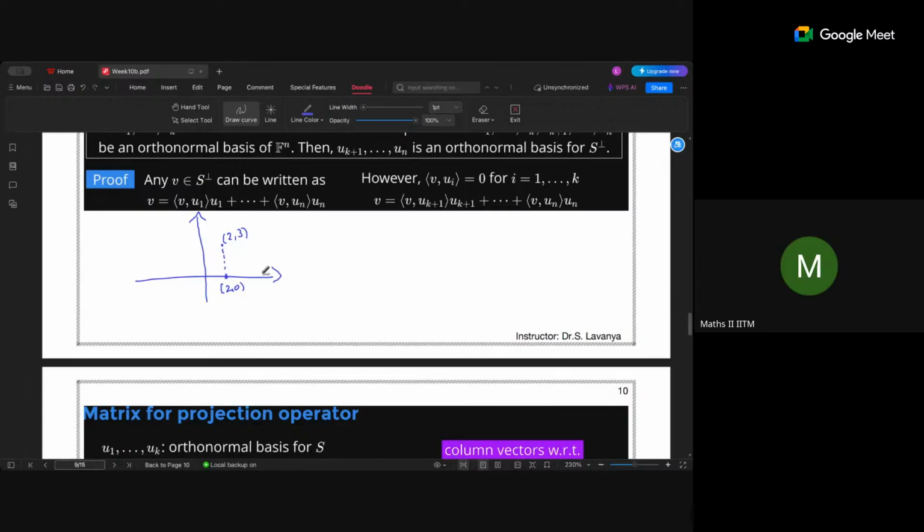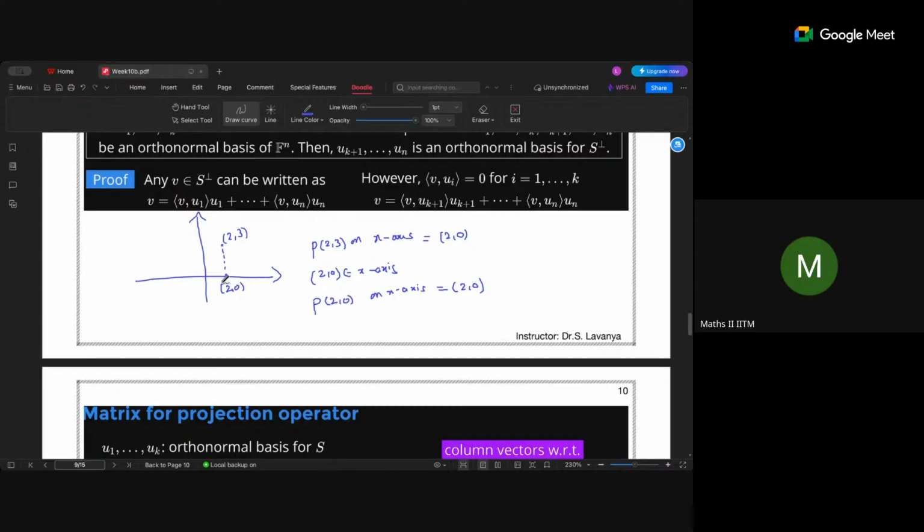The projection of (2, 3) on the x-axis is (2, 0). Now (2, 0) belongs to the x-axis, and again I want to project (2, 0) on the x-axis, which will simply give me (2, 0).